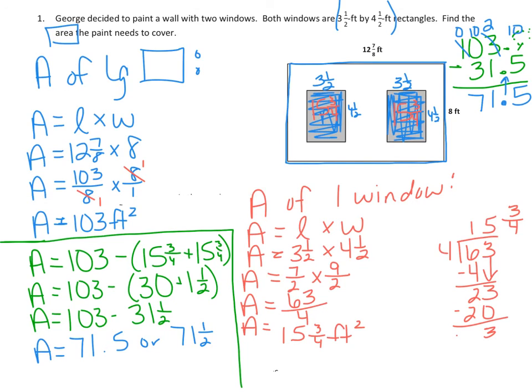And I need units, I forgot. Feet squared. So here are my final answers. That is the area of the white portion of my wall. Make sure you showed all your work.